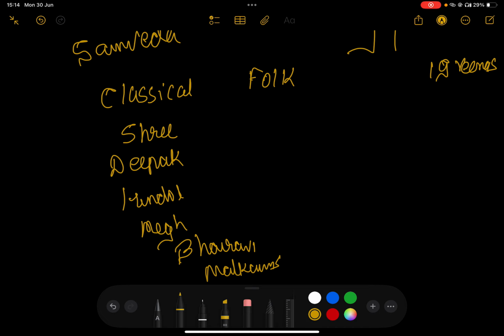Sangit Ratnakar. The writer of this text was Pandit Sarangadev. He lived in Daulatabad, right? So Sangit Makarand was by Narad, and Sangit Ratnakar was by Pandit Sarangadev.